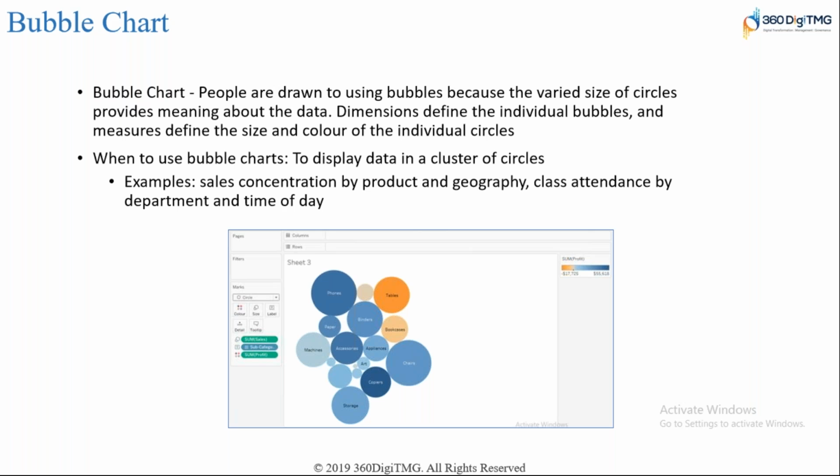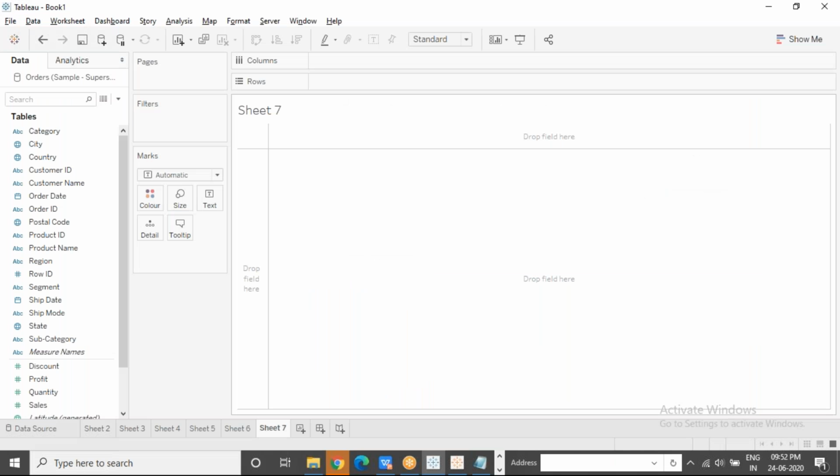Now, what is going to be the size of the bubble and what should be its color? That gets decided by the measure that you use to control the color and the size. So let's create a bubble chart. Let's say I want to look at the profits and sales for different subcategories.